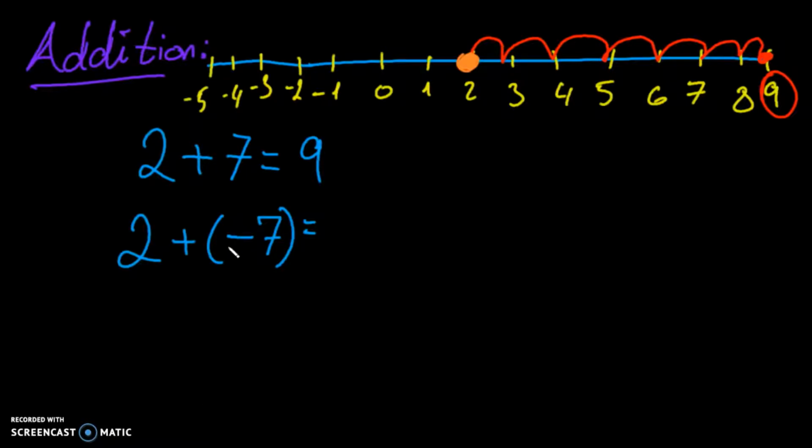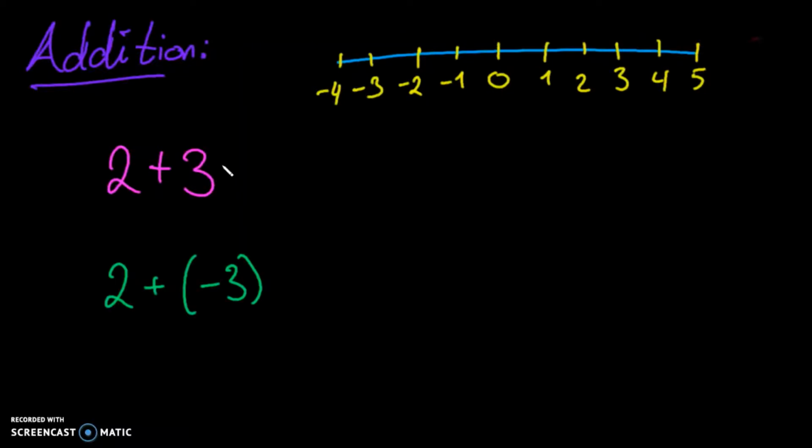So we go 7 units to the left. 1, 2, 3, 4, 5, 6, 7. And we reach negative 5.